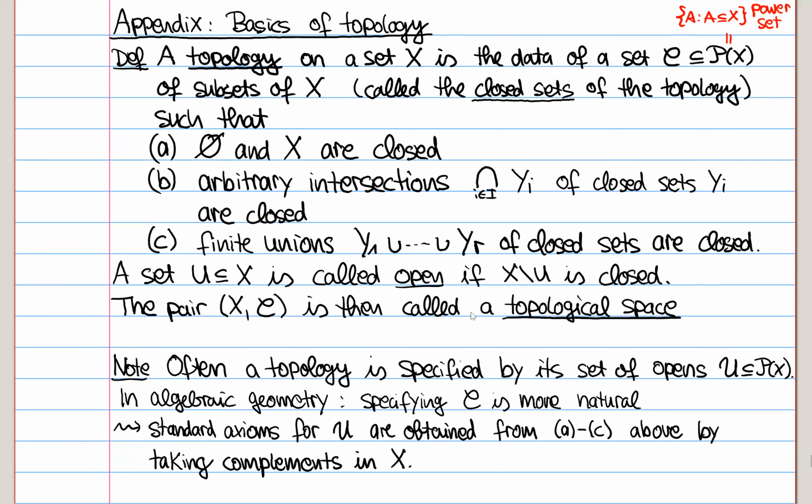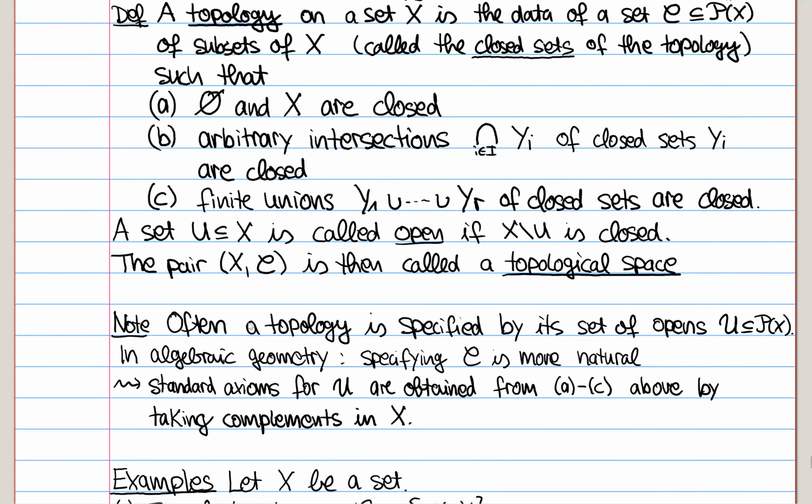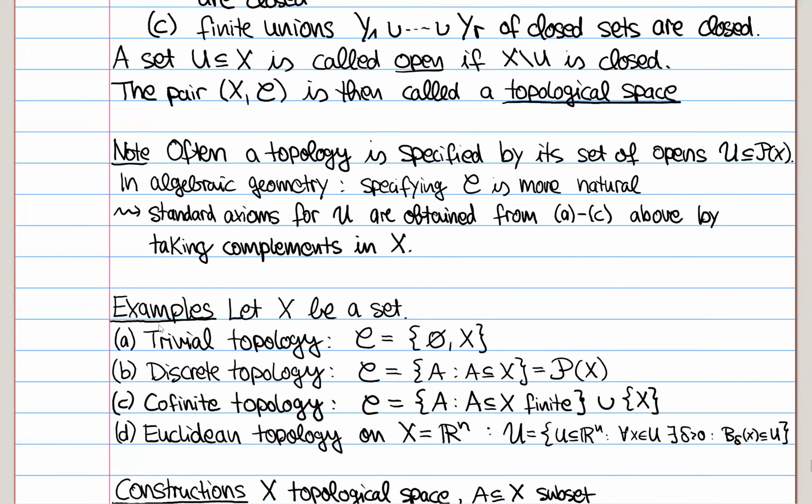And so with the basic definition settled, I just wanted to recall some of the constructions that you can do with topological spaces, and wanted to start with some examples of topological spaces. The minimal topology with respect to inclusion on a set X is the trivial topology, where the only closed sets are the empty set and the entire thing. Then on the opposite side, there is the finest topology, which is the topology with the most closed sets possible.